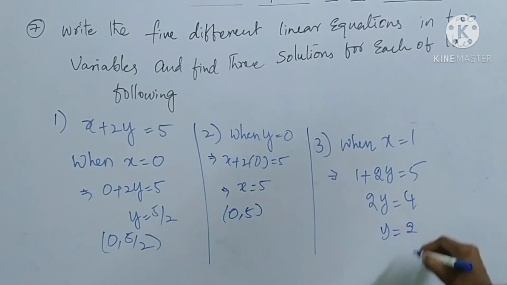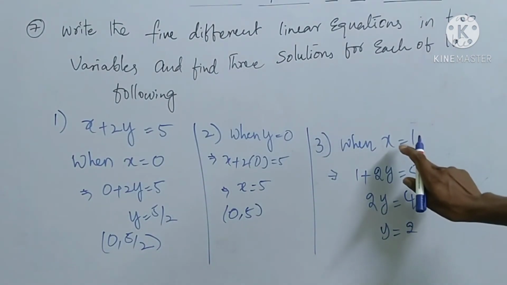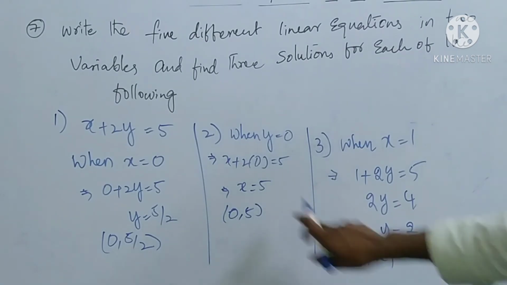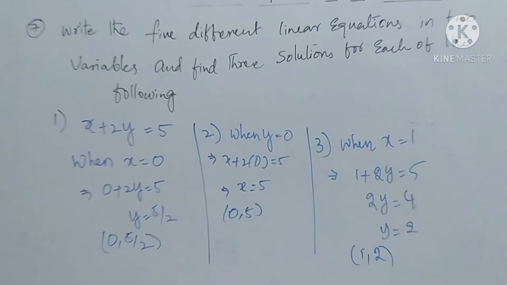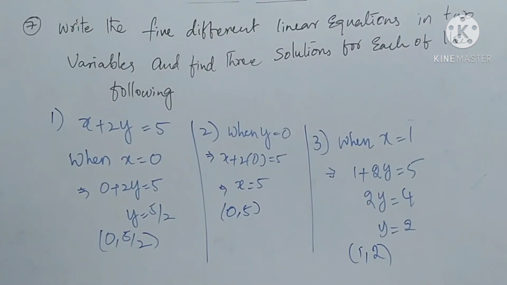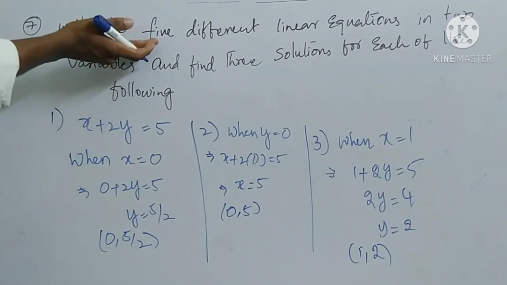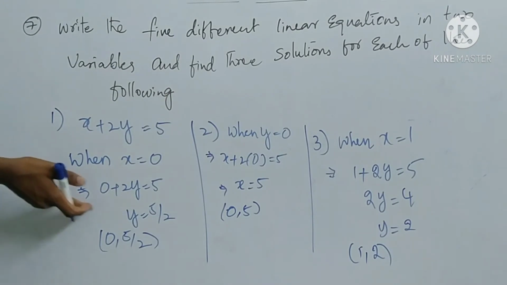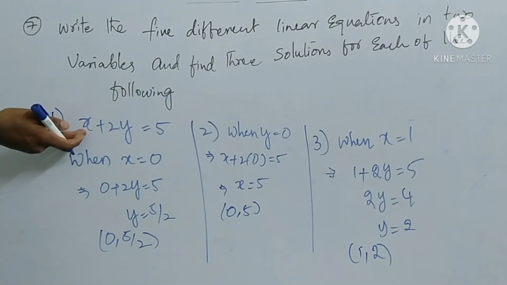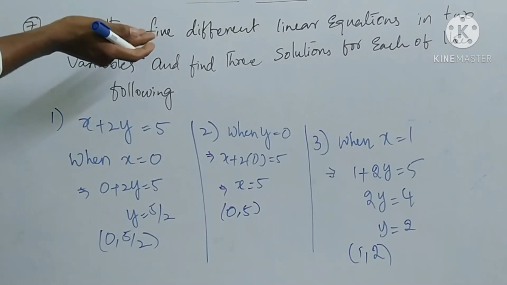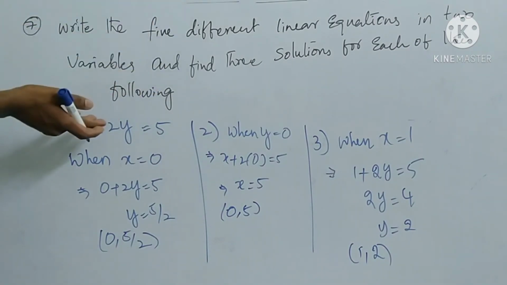The result is 2. So here when x is equal to 1, what is the y value? 2. So (1, 2) is one of the solutions of the given linear equation. So this is one of the linear equations out of 5, and these are the solutions of the linear equation. Similarly, you have to find the remaining 4 different linear equations and their 3 solutions for each of the following.